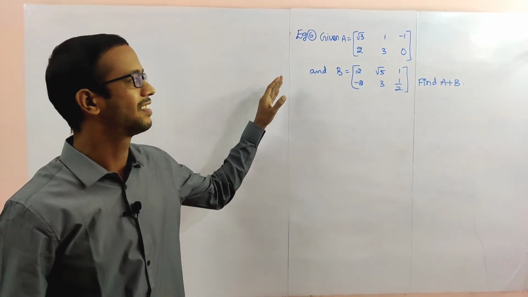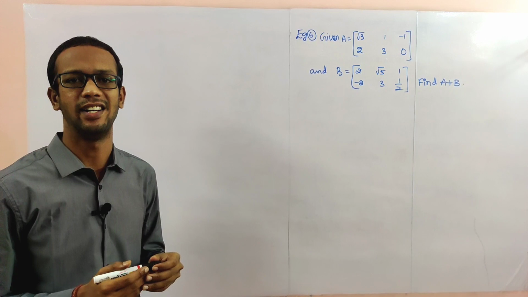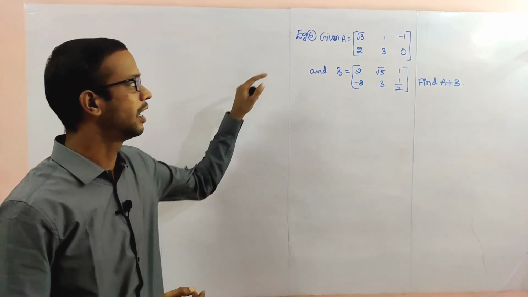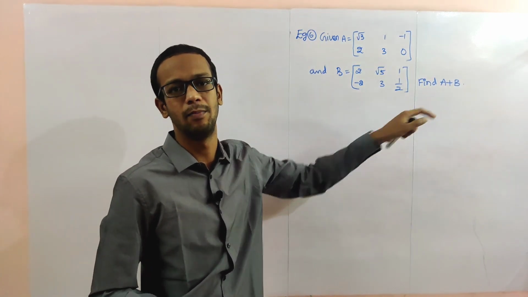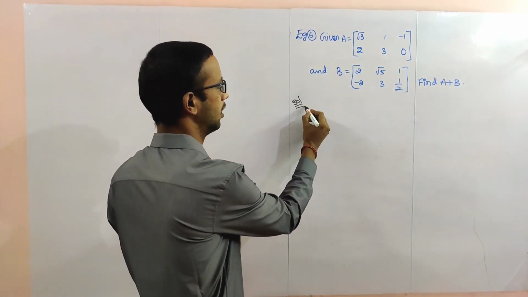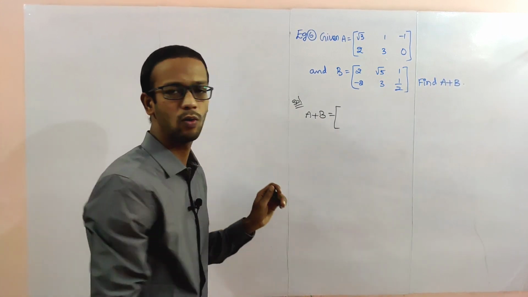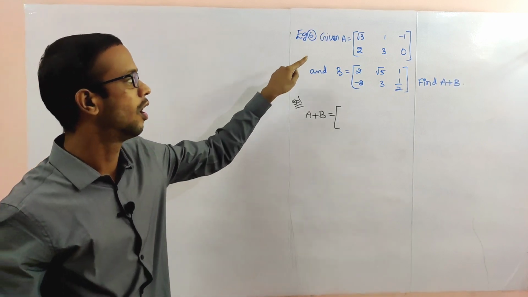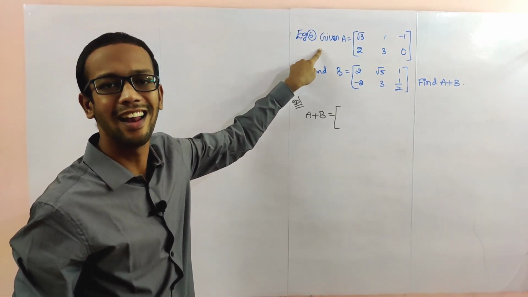Next, example 6. One example we'll see based upon addition of two matrices. Here you observe the given two matrices, find A plus B. Very simple. First we have to check same order or not. How many rows are there? 2 rows, 3 columns.